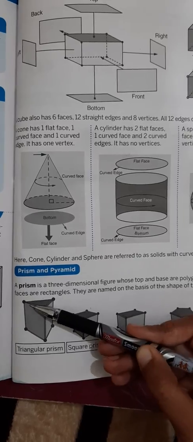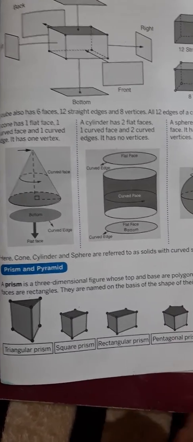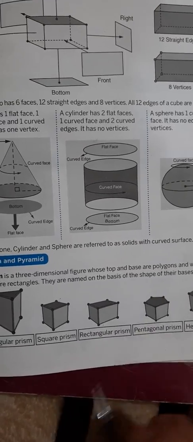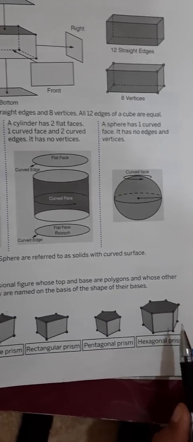This is a triangular polygon. This is a square polygon, that means a quadrilateral. This is again a rectangle. This is a pentagon, and this is the next polygon, which has 6 sides.